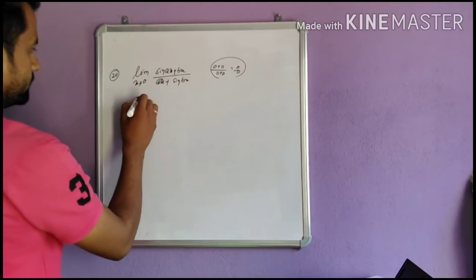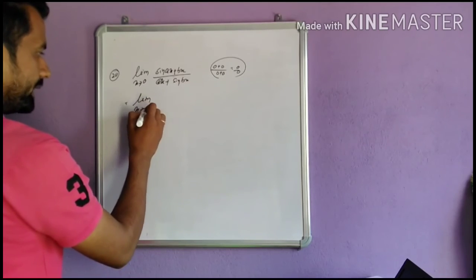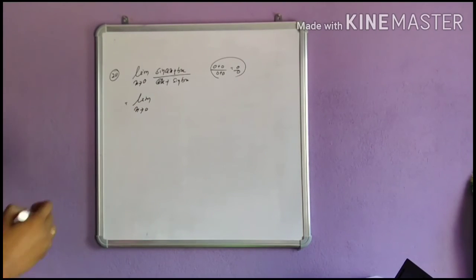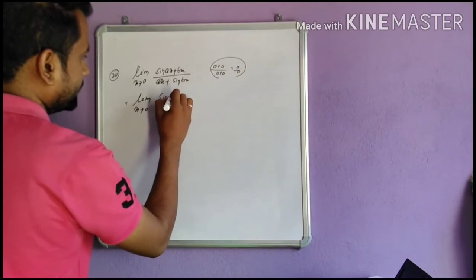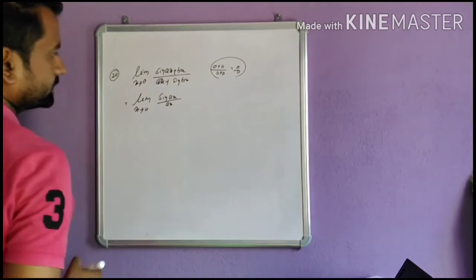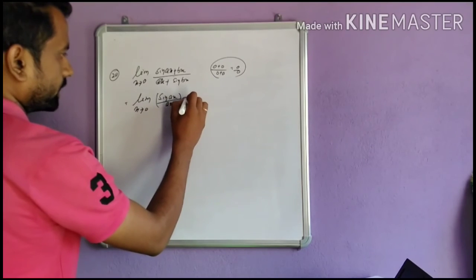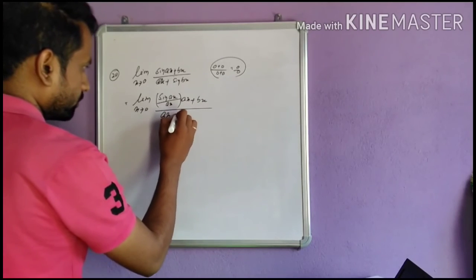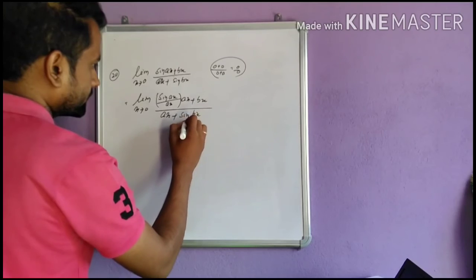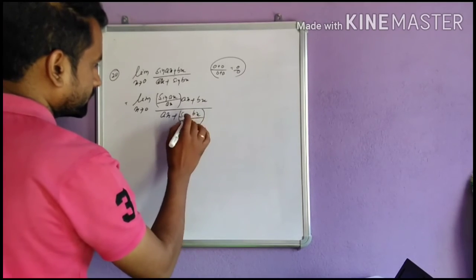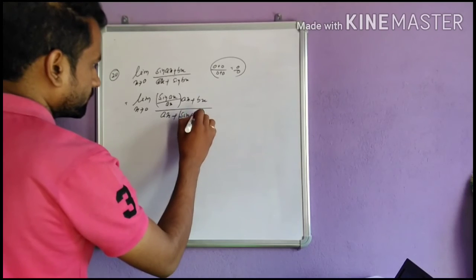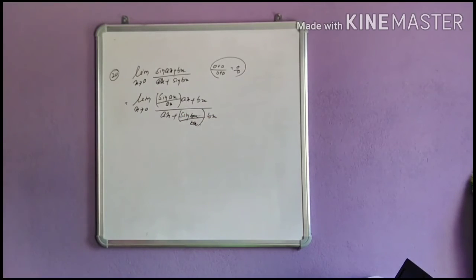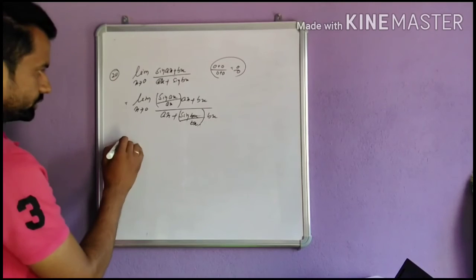Limit x tends to 0. Here we should write sin ax by ax, divided and multiplied also, into ax plus sin bx by bx into bx. Then apply the limit of this function.